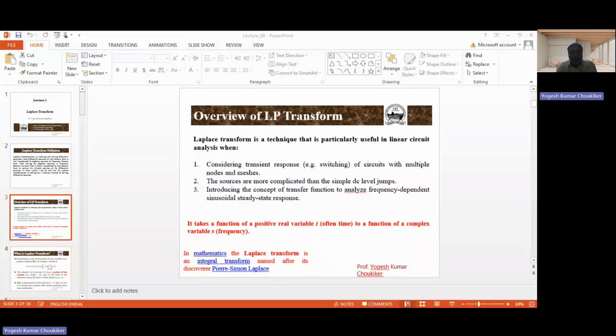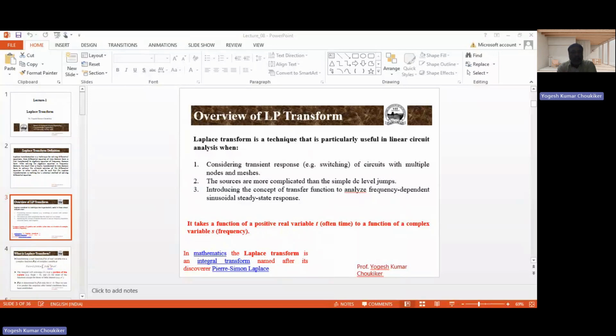By taking the Laplace transform of this, the small v of t becomes capital V of s, R is the R value, and the Laplace of i of t is I of s. So in conclusion, when we convert the resistor from the time domain to the S domain, there is no change in the resistor value in the frequency domain.